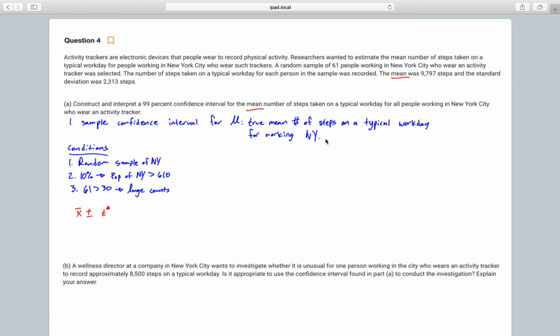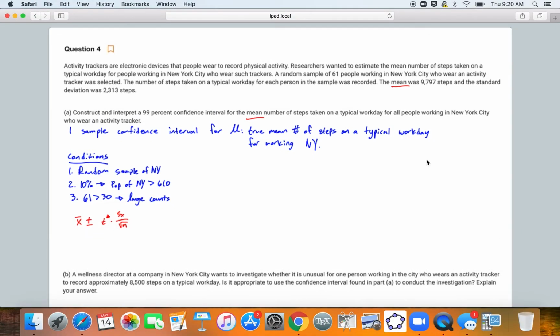And we would multiply that by the standard error, which for us is going to be sample standard deviation over root n, right? This seems pointless to me. You can totally use your calculator. The AP exam accepts this. So that's what I'm going to do. So let's pull up our calculator, and we just need to remember the mean was 9,797. Standard deviation is 2313.